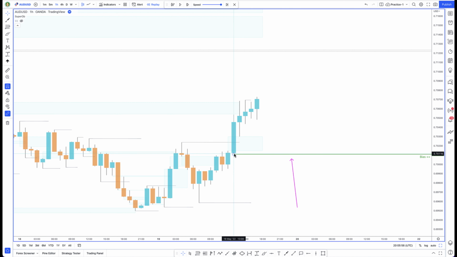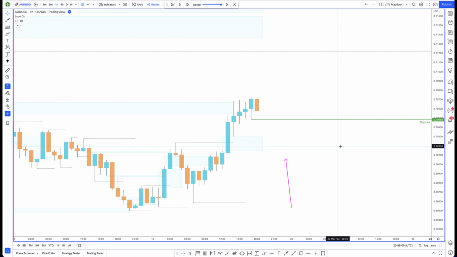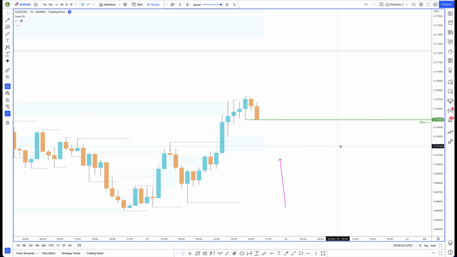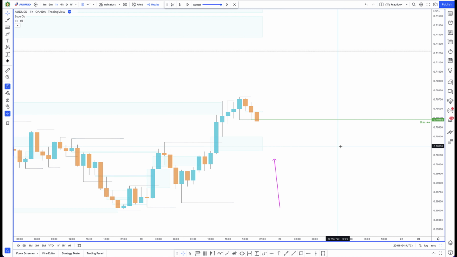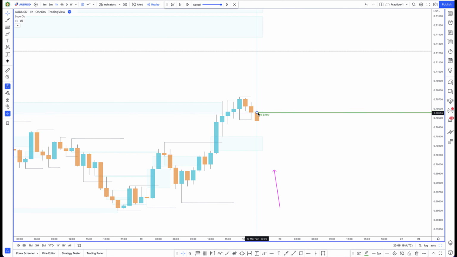Okay, so now this is a new 2 candle fair value gap. Let's continue. Oof, now this candle broke this low, so we are going to change our bias and say now we are in a bearish bias.